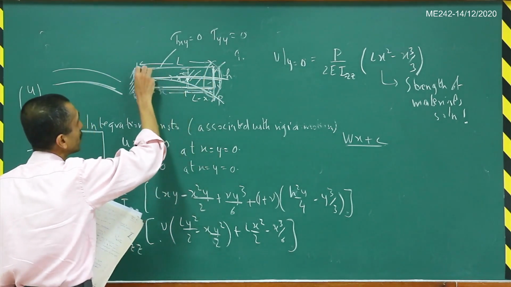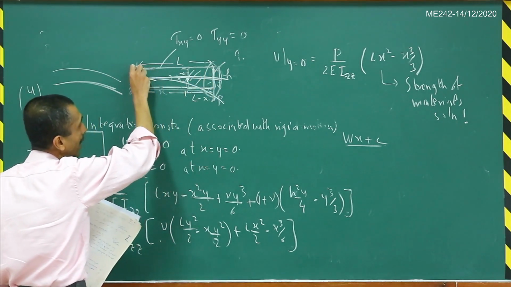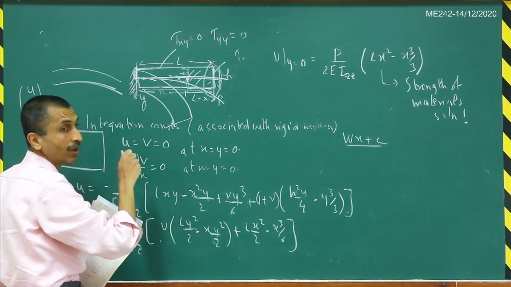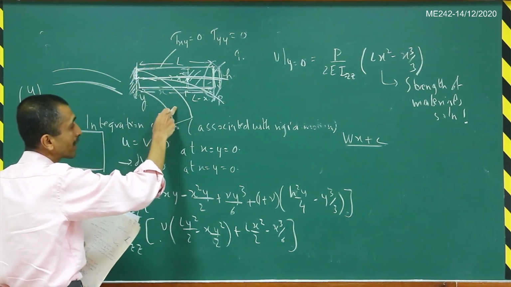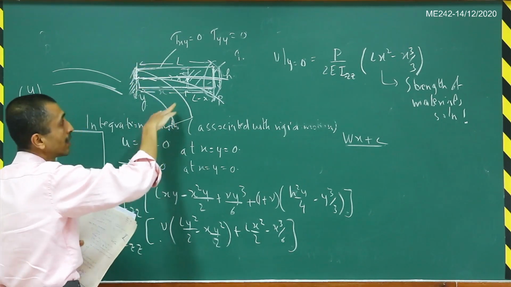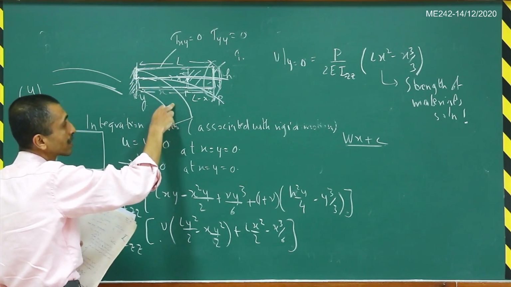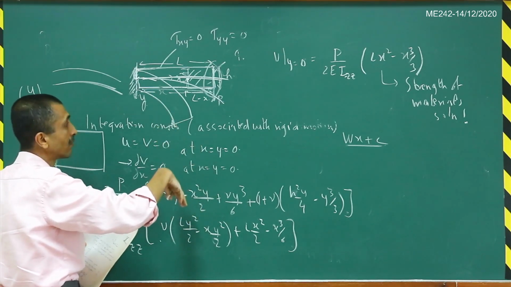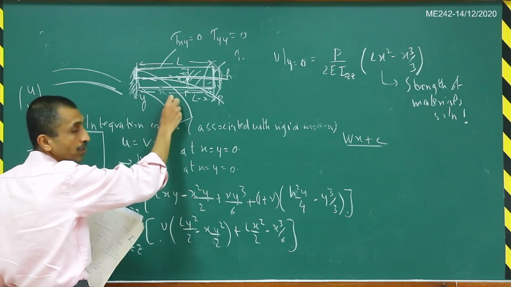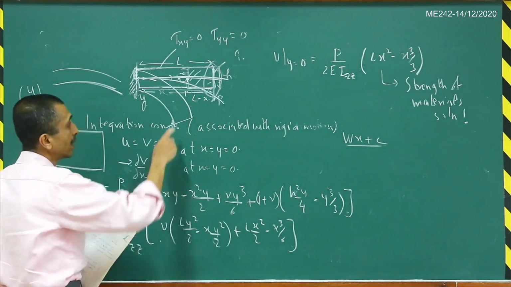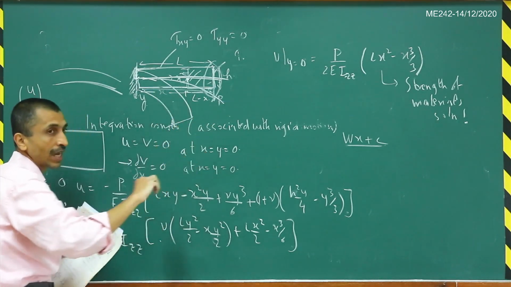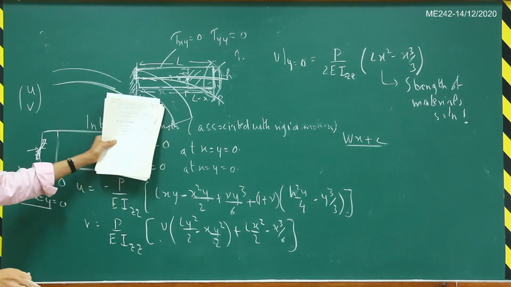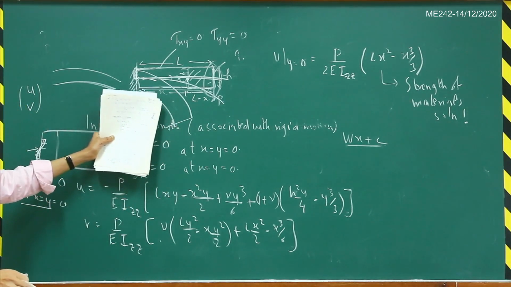Suppose you take a really large load, and now the cantilever is deflecting by a very large amount. If your deflection is very large, then this kind of analysis you cannot do using this linear theory that we have discussed here. You need to go to the non-linear theory of elasticity, but that is outside the scope of this class.